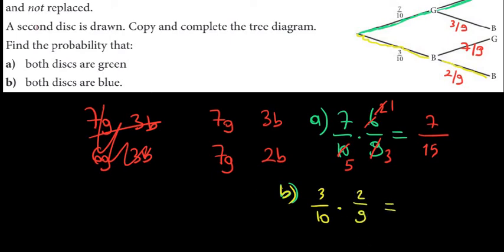Okay? Now let's simplify. First, 3 and 9 simplified. We got 1 and 3, both of them divisible by 3. And here, both of them divisible by 2, divide by 2, 1, divide by 2, 5. 1 times 1 is 1 over 5 times 3 is 15 is going to be the answer. So the first 7 over 15 and the second 1 over 15.